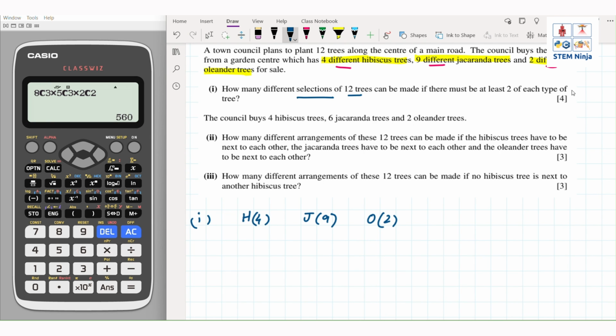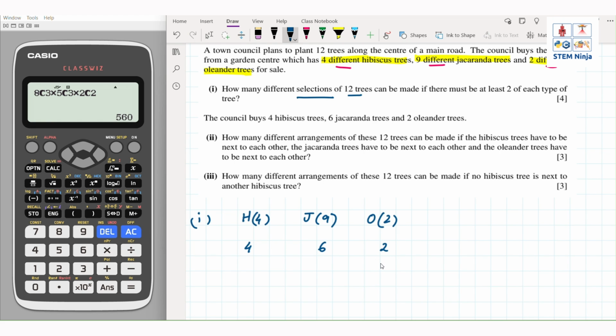Okay, so we're going to have a list. Since we just have 2 oleander trees, we can start with 2 for oleander. And let's say we have 4 for hibiscus, so we need 12 obviously, so that would be 6. 4 plus 6 plus 2 would be 12.